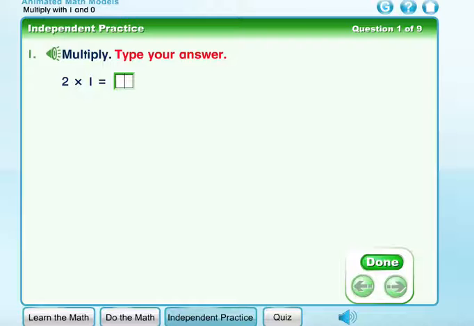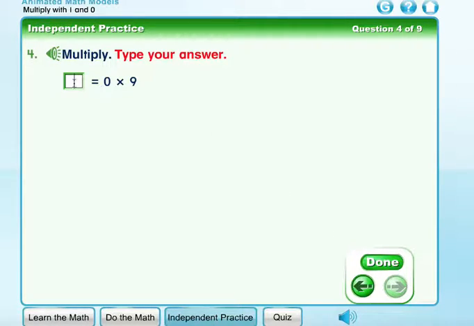Multiply. Type your answer. Any number times 1 is the other number. The other number in this equation is 2. Any number times 0 is 0, so the product is 0. Any number times 1 is the other number. The other number is 6.